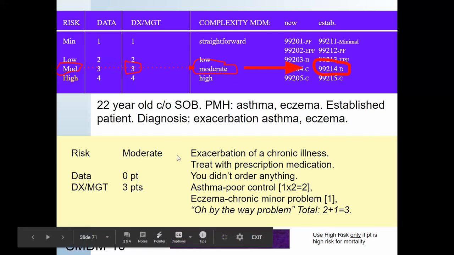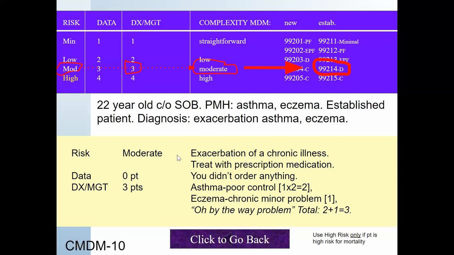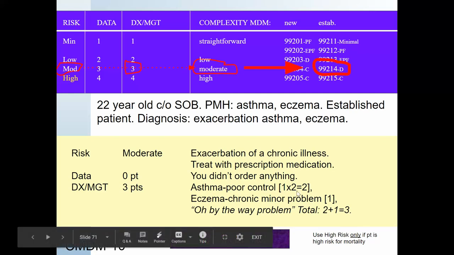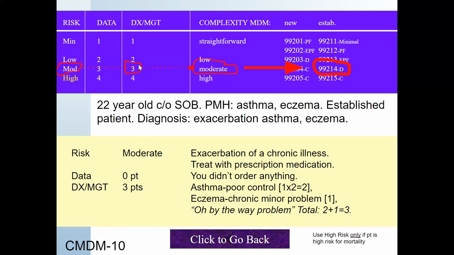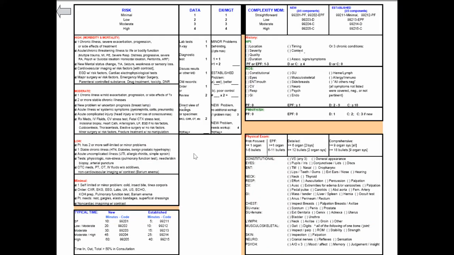So you get 2 points for the asthma and 1 point for the eczema for 3 points. Now, the way the coding tool works, and we'll just take 1 minute to review there, there's 2 points for the asthma being poorly controlled, and depending on how we look at it, 1 point for the eczema being a minor problem, and that still equals 3. Okay?